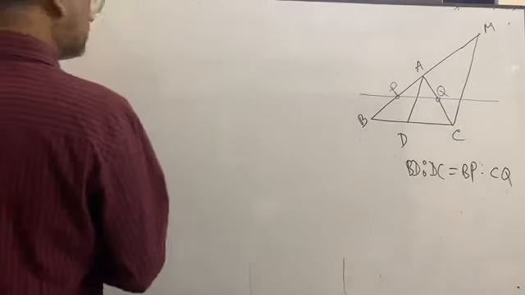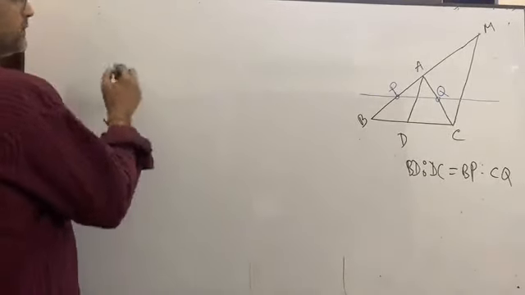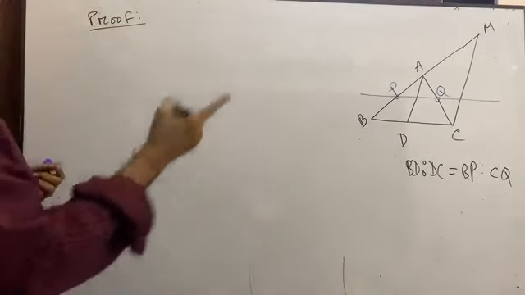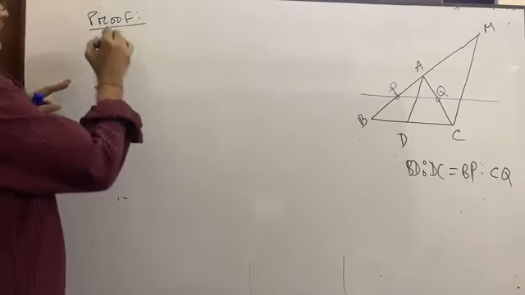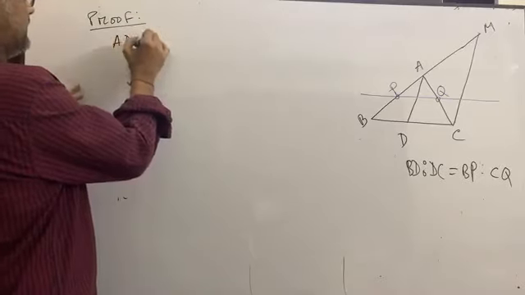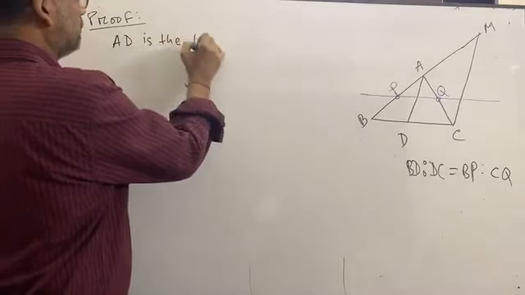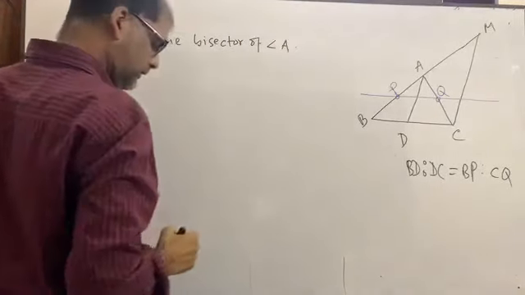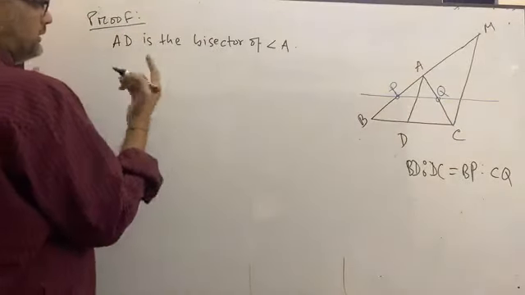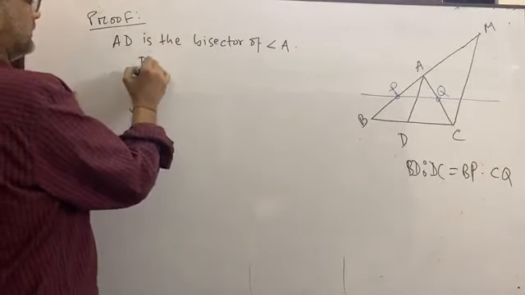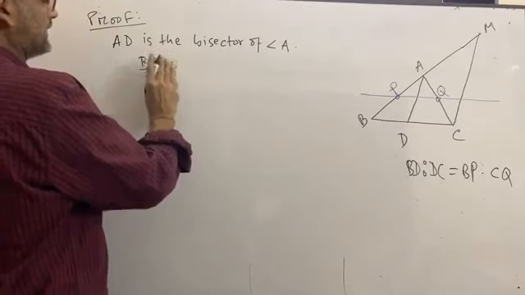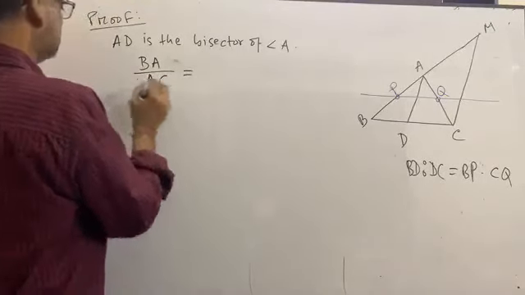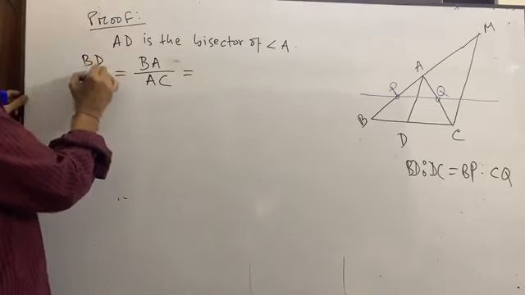Okay, write down. Proof. AD is the bisector of angle A. Then we can write, therefore, BA by AC is equal to BD by DC.